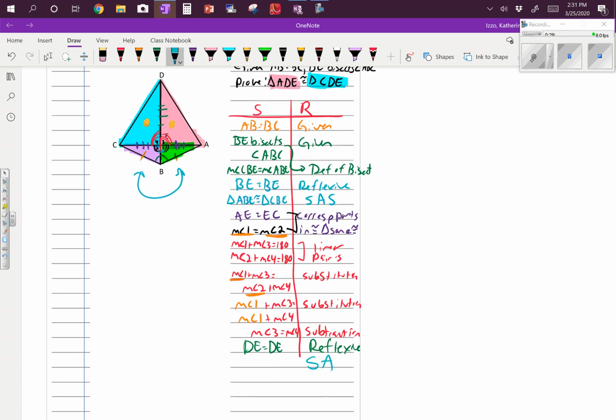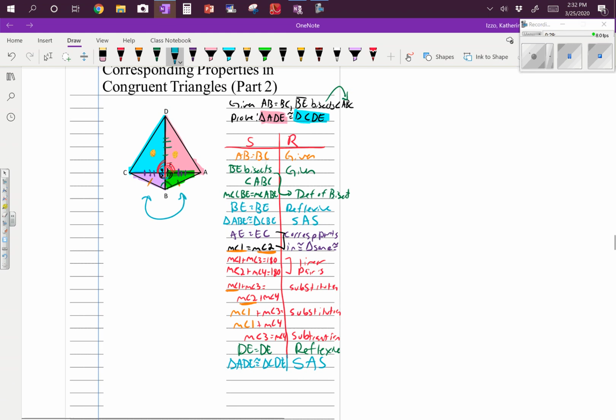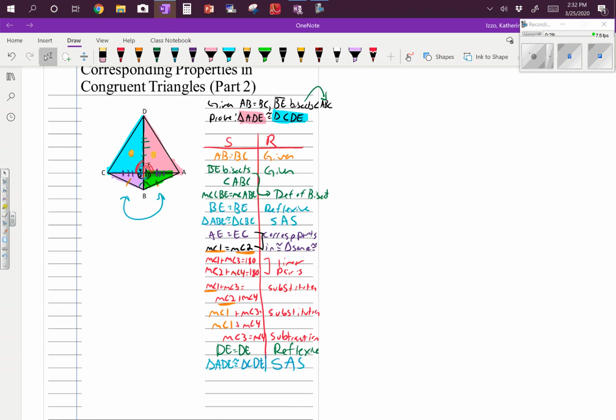So side angle side to get triangle ADE congruent to triangle CDE. And that is how we prove two triangles are congruent when we have no givens anywhere near those two triangles. I know, it looks painful, but hey, we've made it to 14 steps. That is super exciting. That is a beautiful, gorgeous, long proof that we can be very happy with.